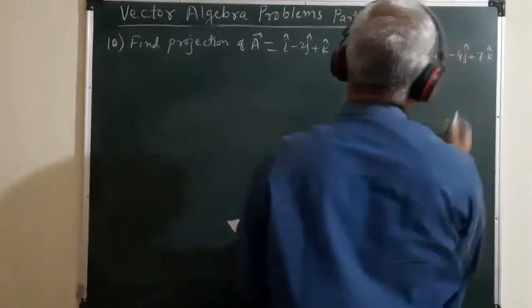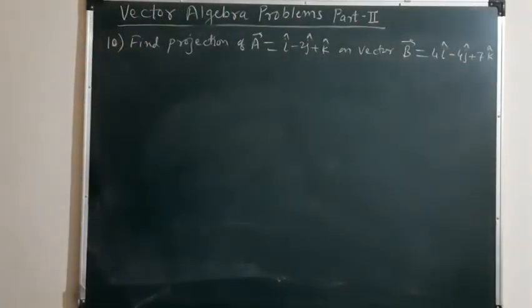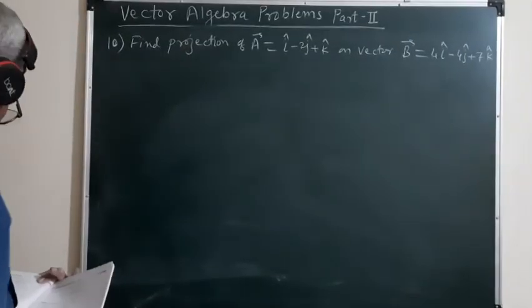The vector B bar is expressed as 4i cap minus 4j cap plus 7k cap.